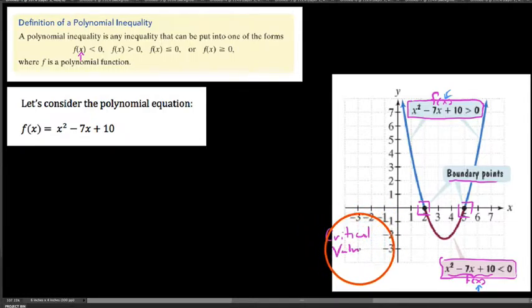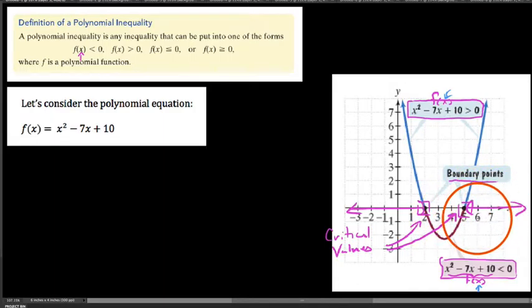So when it comes to solving polynomial inequalities, we're looking for all of the x values for which our function has positive or negative y values. For this graph, where it has positive y values, it's all of these x values right here. When you plug those into your function, they cause your y values to be positive.